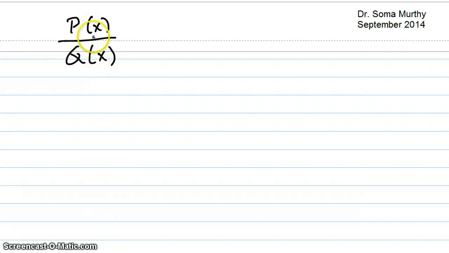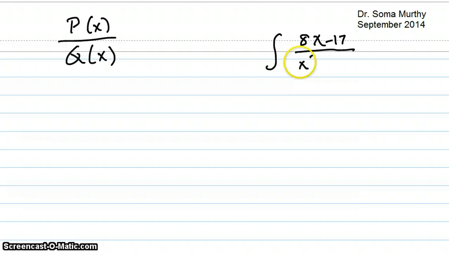So one polynomial function divided by another polynomial function results in a rational function. Sometimes we need to integrate functions of this type. For instance, we might be asked to integrate a function that looks like this: 8x minus 17 over x squared plus x minus 12 dx.